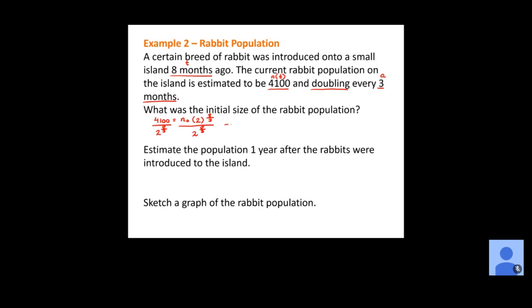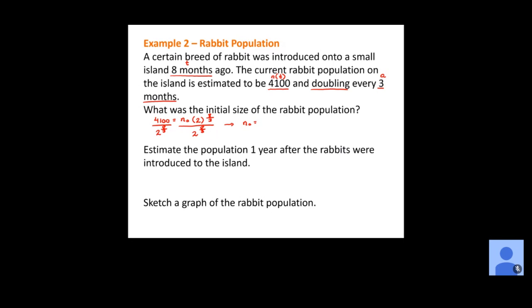And again, we can just go to our calculator to do that. So if we do 4,100 divided by 2 to the 8/3, that should give us approximately 645.